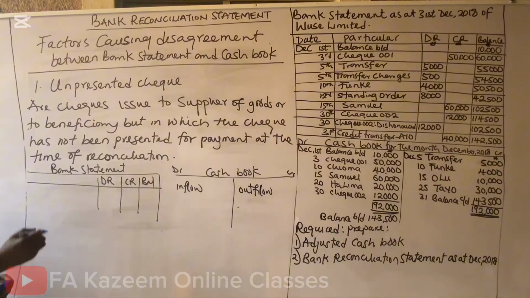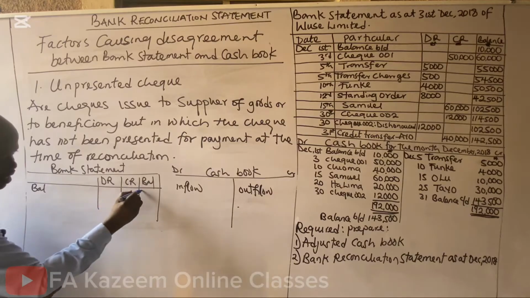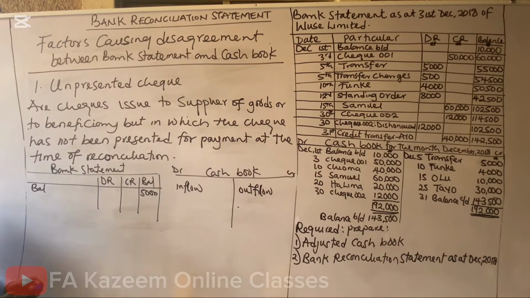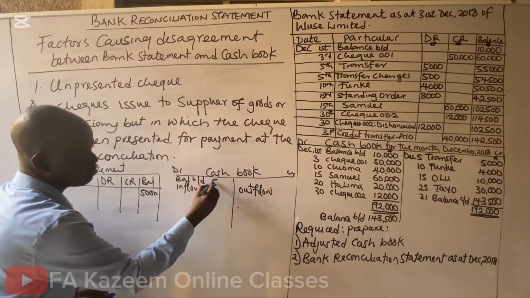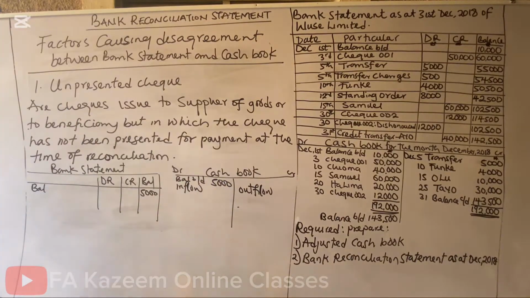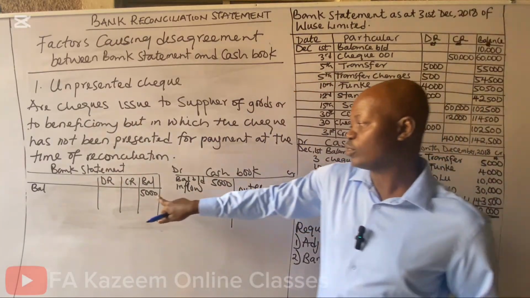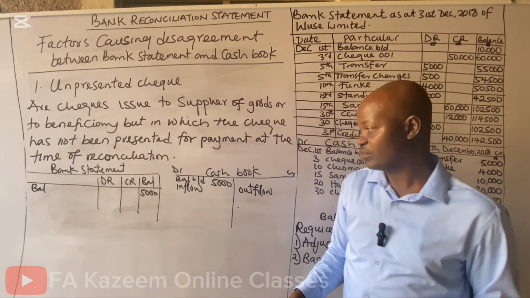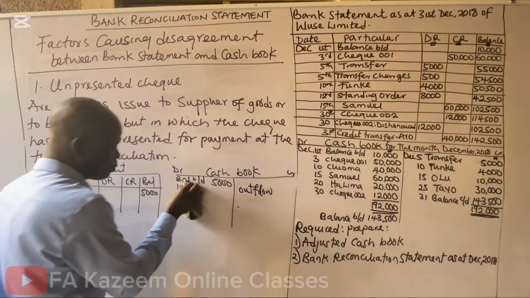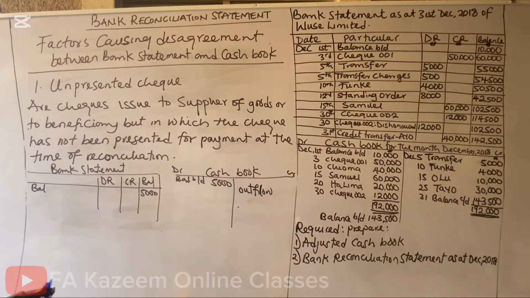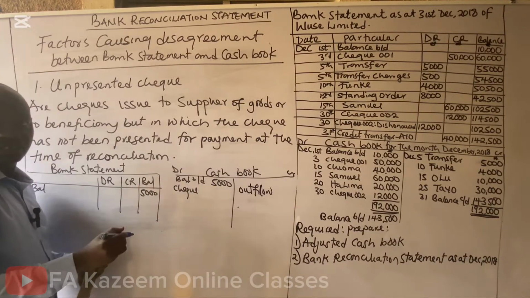Now, if the balance in the bank is 5,000, it means there's an inflow of 5,000, the balance of the customer at the beginning, and the bank will also record it as 5,000.